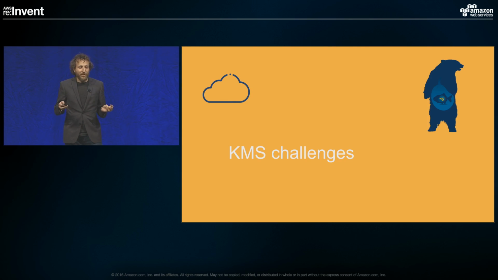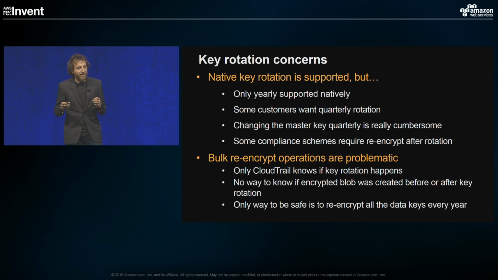Now, there have been some challenges with using KMS. There's 2 specific challenges that I wanted to talk about. One of them is key rotation. Natively, KMS supports yearly rotation, but some customers want quarterly rotation, and the only way to do that is to create additional master keys, and that can be really cumbersome.